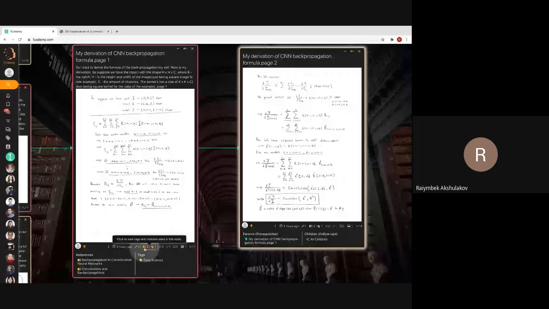I was using those sources. There are two very good articles on how to build an intuition. You'll see those in the resources. Those articles show on small examples how the backpropagation is derived.